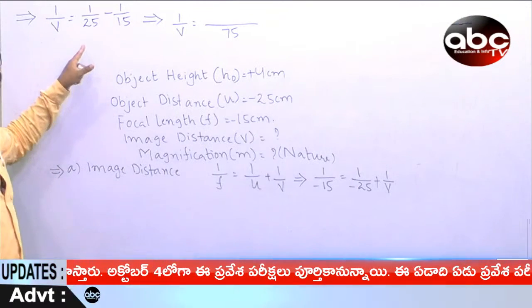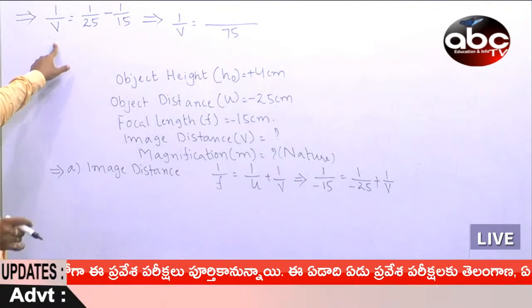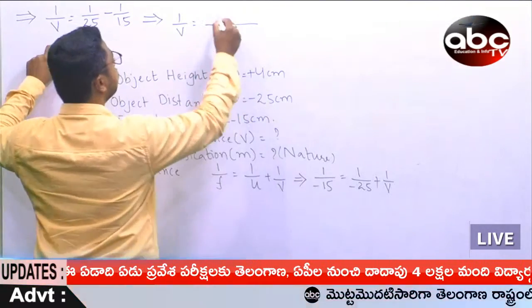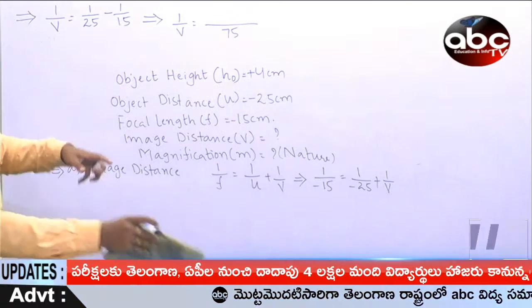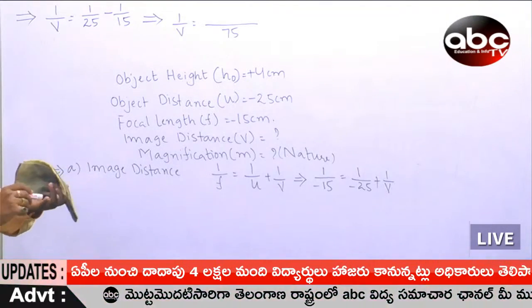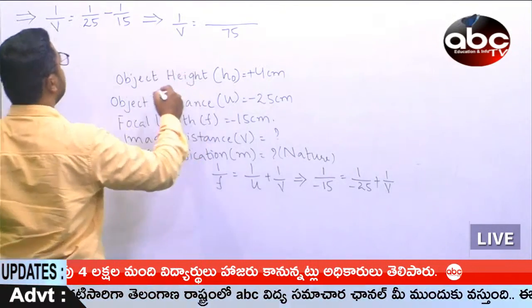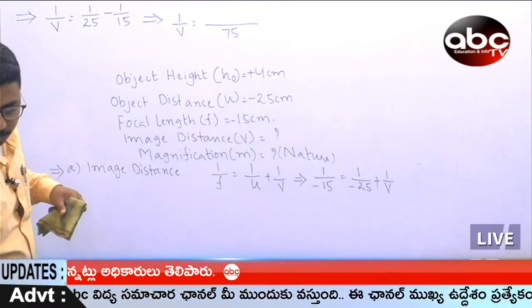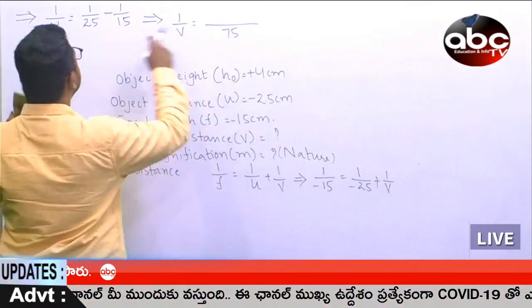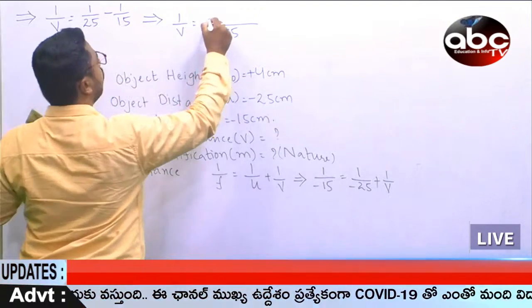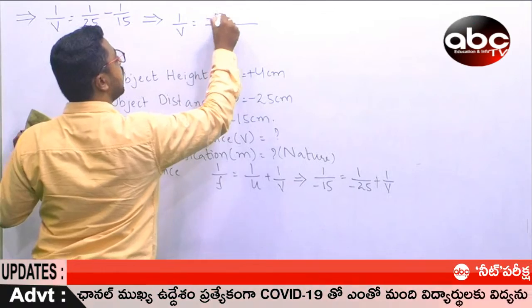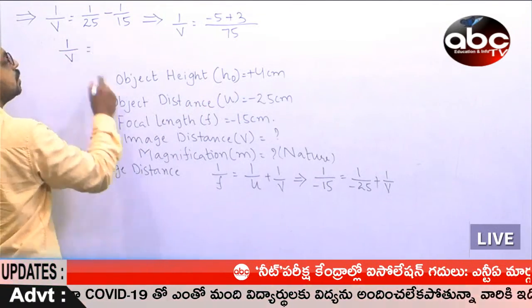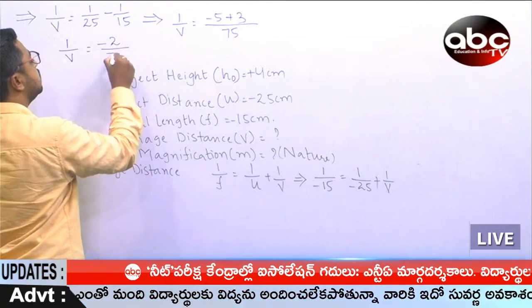We are going to get the LCM in between, and automatically this is minus 5 plus 3, and so 1 by v is equal to minus 2 by 75.